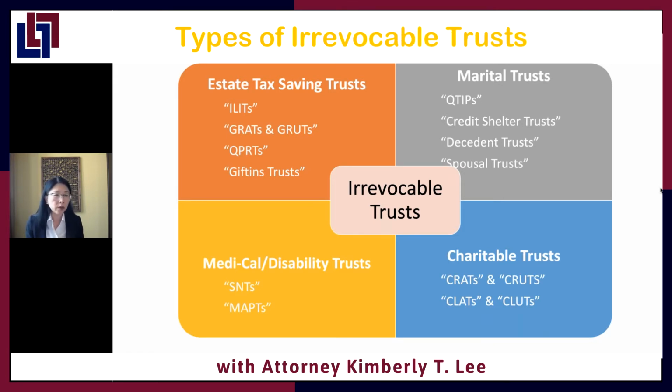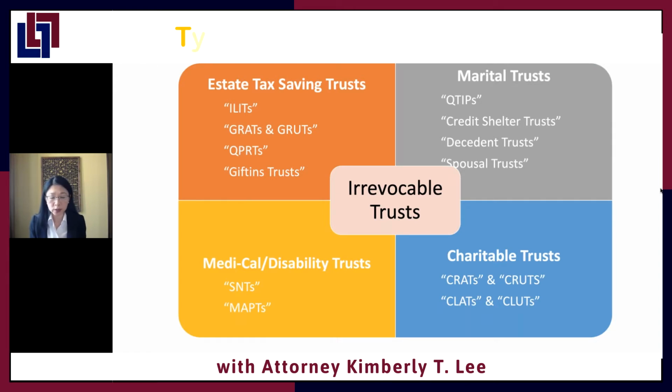And of course, we have a typo here, a gifting trust. These are the different structures that we can prepare so that we can put assets in there, and upon the client's passing, the assets held in these various trusts are not going to be subject to the estate tax.